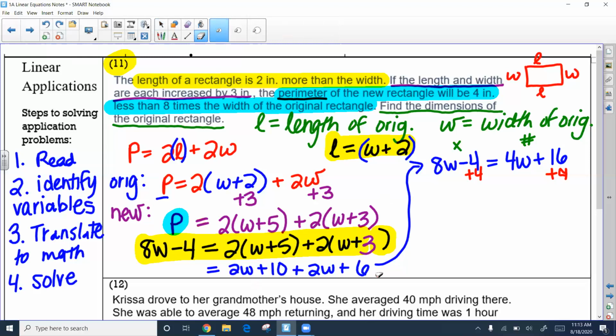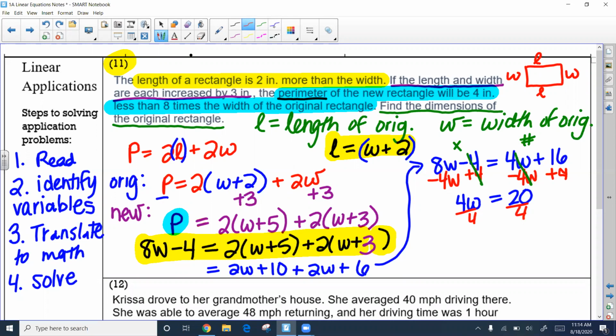All right, this is what we should have. So 2W plus 6, and then if I add those, I have 4W plus 16. Now let's solve. I'm adding 4 to both sides to get rid of that minus 4. And then from the right side, I am subtracting 4W to get the numbers only on the right. So if I do that, I'll have 4W equals 20.